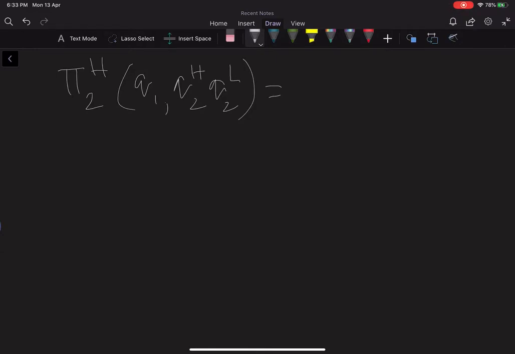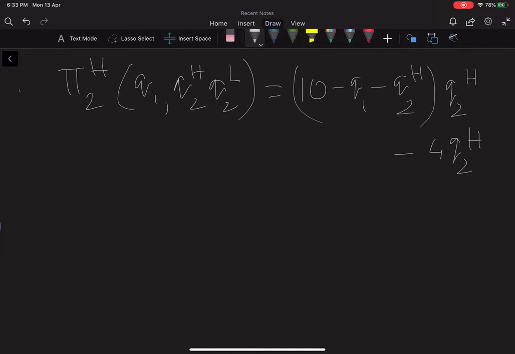So firm 2's payoff is 10 minus Q1 minus Q2H times Q2H. It's a high type, so it has a positive marginal cost, so minus 4 Q2H.